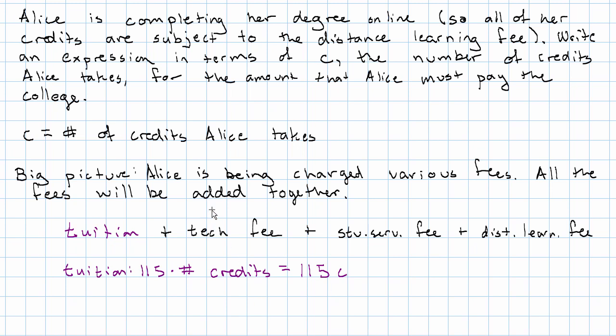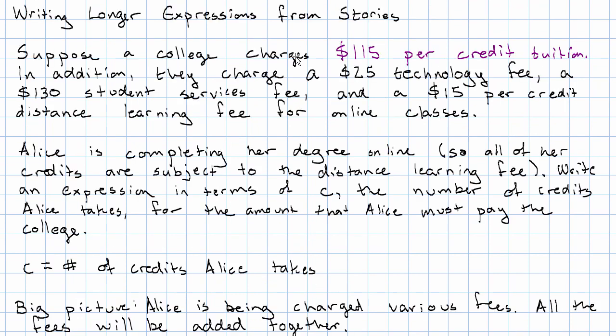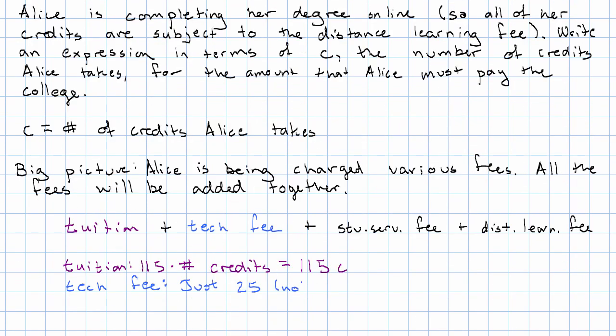What about the technology fee? I'm going to go back to the story and look for information about the technology fee. In the story, I see that it says it's a $25 technology fee. And I'm going to look carefully, but it looks like the technology fee is just $25. It's not per credit.